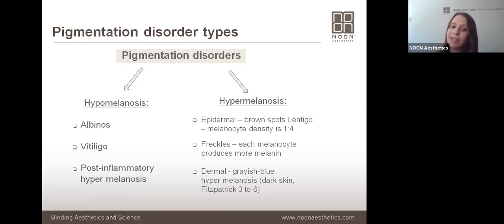And this state usually will be with darker skin, which means Fitzpatrick 3 to 6, because 3 is in the middle, so 3 can be either epidermal or dermal. Of course, there are exceptions, but usually the dermal one is for higher Fitzpatrick skins.